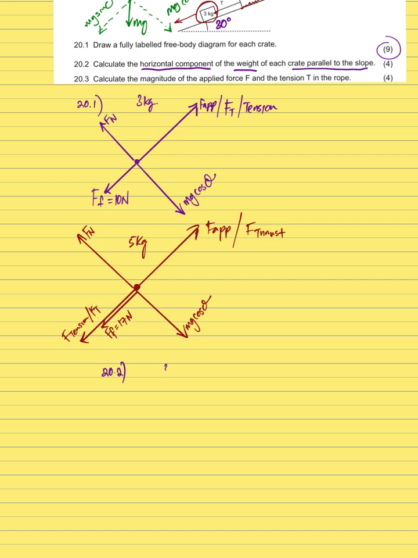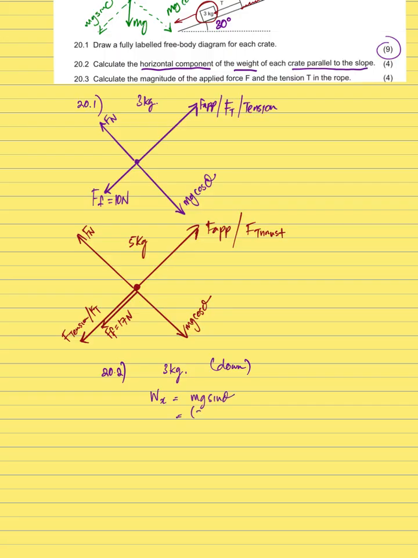So for the 3 kilogram block, we're looking at the weight in the x direction, which is what's natural to it. So the 3 kilogram block, what's natural to it is down the slope. So I'm going to say Wx is equal to mg sine theta.